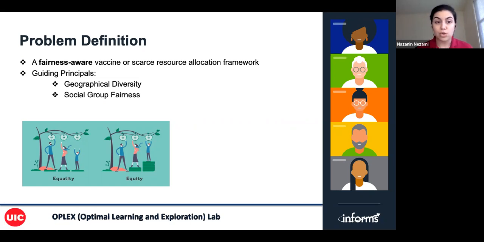In order to do so, we're going to use two guiding principles, which are geographical diversity and social group fairness. In other words, we think that in order to have an equitable resource allocation model, we really need to consider both the total population as well as the population of more vulnerable people.